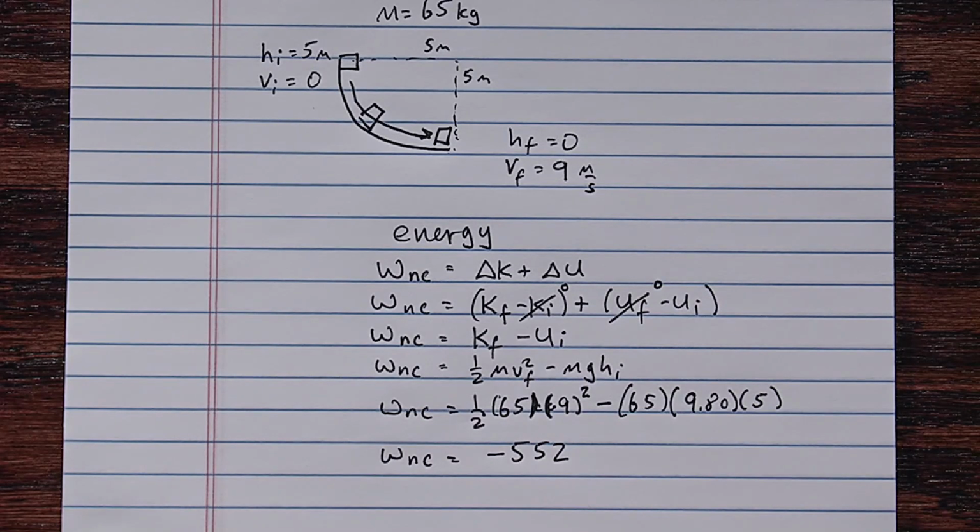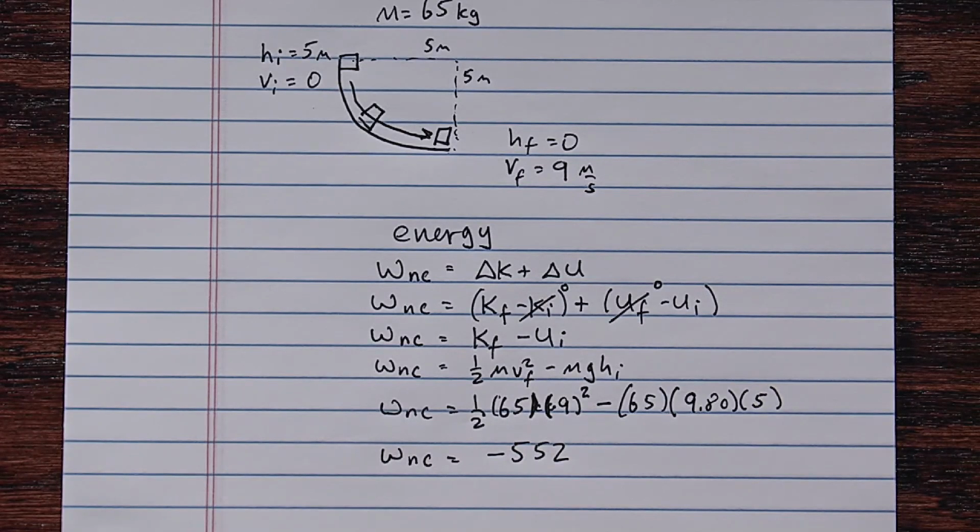Well, negative 552, so that means that the skateboard lost energy as it went down. Or in other words, its increase in speed didn't keep up with its decrease in potential energy. So overall, the skateboard and the skateboarder lost energy, so a negative amount of work was done on it.